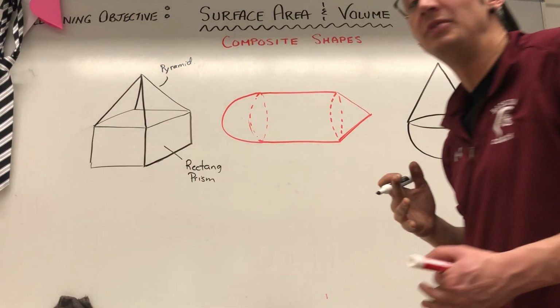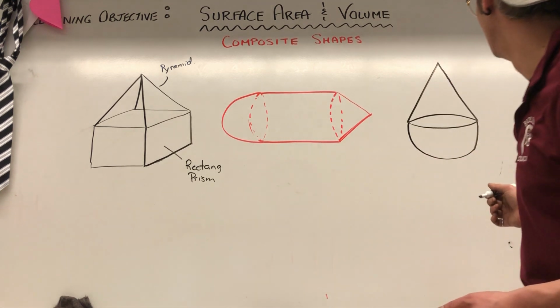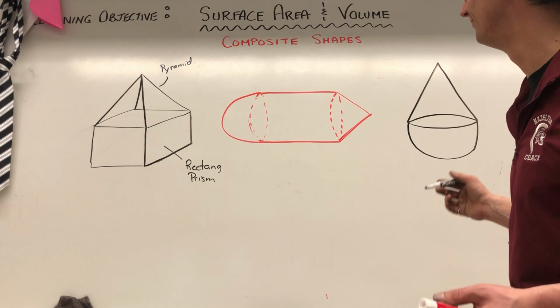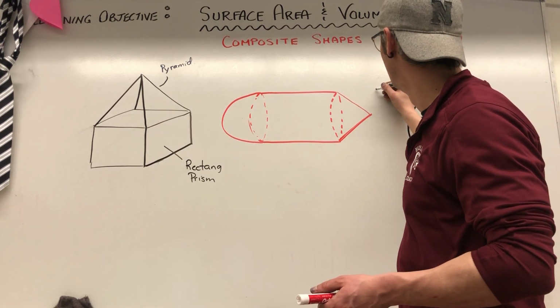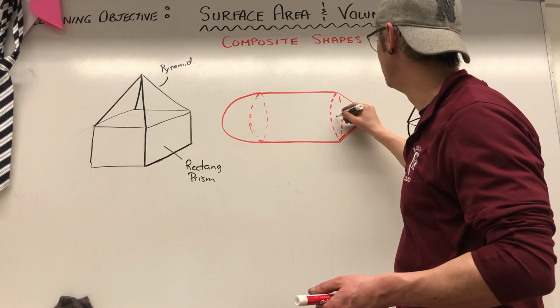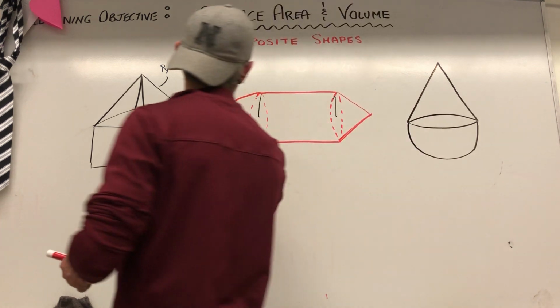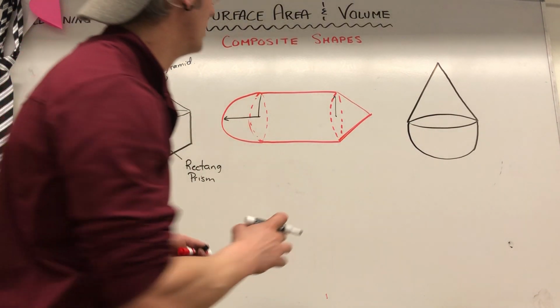Now, sometimes they're going to be sneaky about the way they give me information. For example, they could give me the radius of this cone, and I'd have to recognize that that radius is going to be the same radius here as is going to be the same radius here. These are just little tricks. I just have to be aware of what's going on.